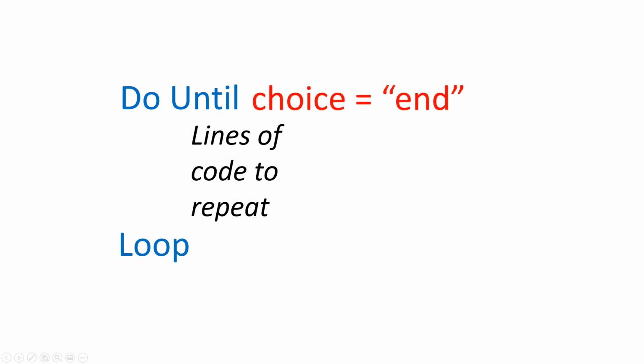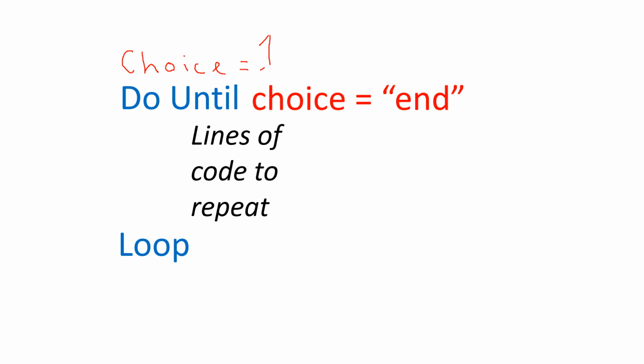We then, next to where it says until, add the condition, and that needs to be a variable and a condition, what we want it to be equal to or not equal to, or a range that is between. If we're using the variable choice, which is what's called a flag variable, because it flags when the loop should end, we set that variable to what it's going to be to begin with.